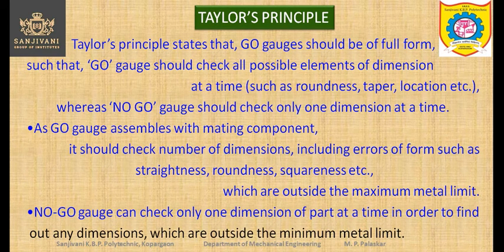It can check only one parameter at a time. So the no-go gauge corresponds to minimum metal limit checking, whereas the go gauge will check the maximum limit of material.